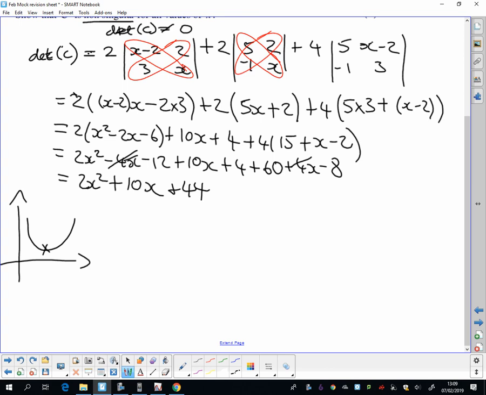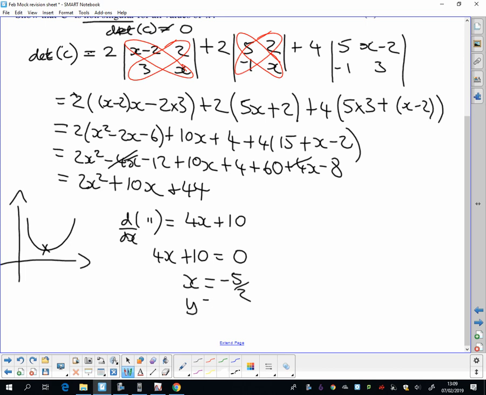Different ways you could do this. So you could, for example, differentiate that expression. I'm going to get 4x plus 10. If I make 4x plus 10 equals 0, I'm going to get that x is negative 5 over 2.